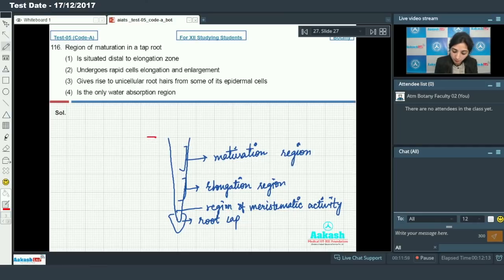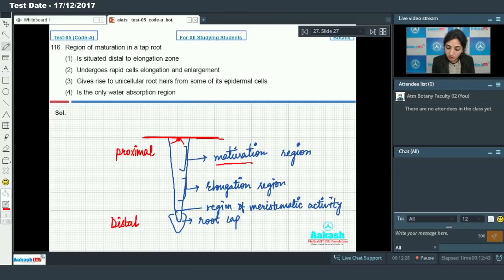Okay, this is your origin, from here your root originates. So the regions which are close to the origin are said to be proximal, and the regions which are away from the origin are said to be distal with respect to the origin. Region of maturation in a taproot is situated distal to the elongation zone.